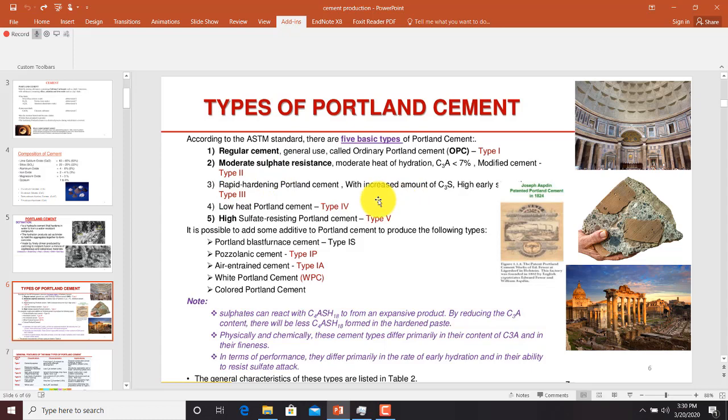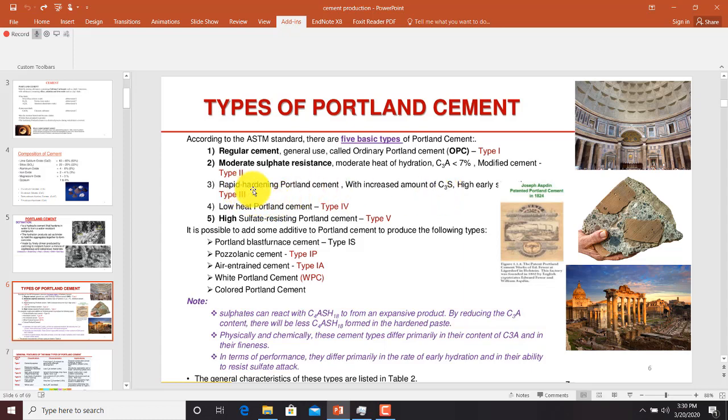In type 3 cement, you are basically increasing the concentration of tricalcium silicate. I have mentioned earlier that the tricalcium silicate contributes toward the early strength gain of concrete. So if you increase this constituent, then the concrete would have a higher early strength. So it's rapid hardening cement.